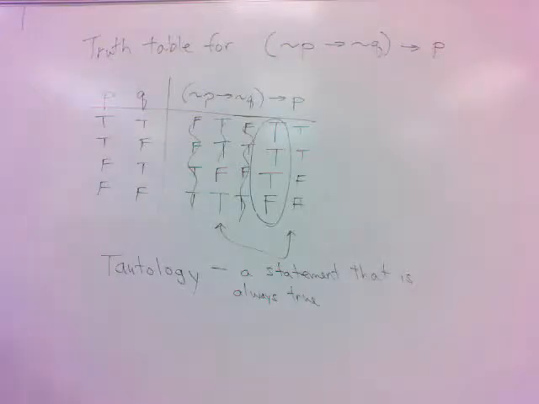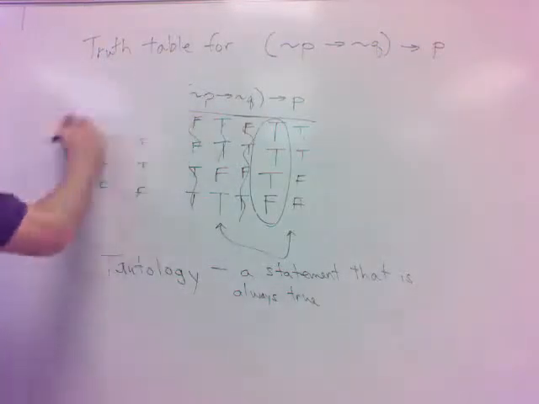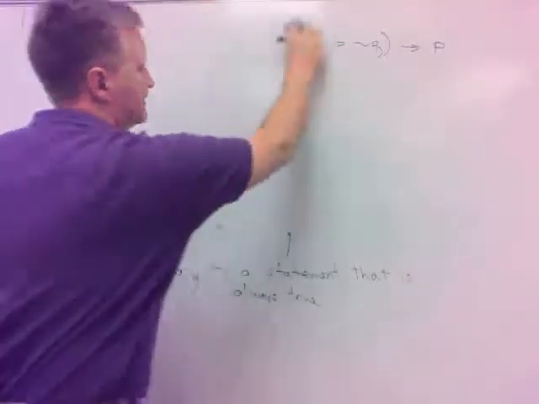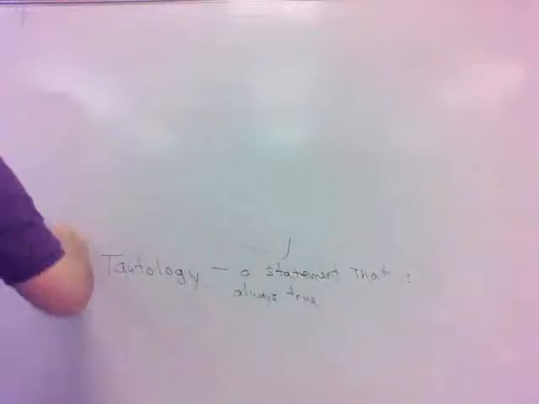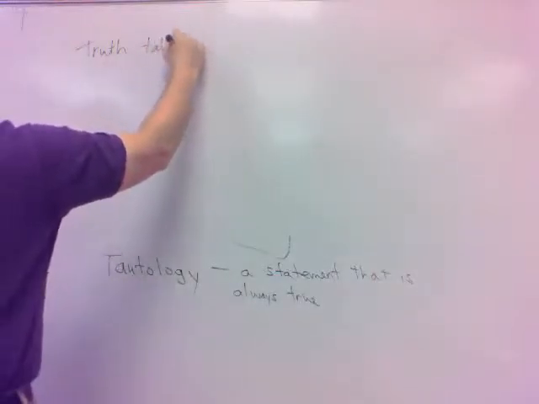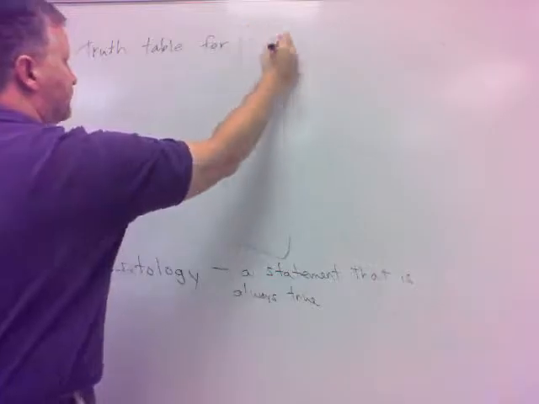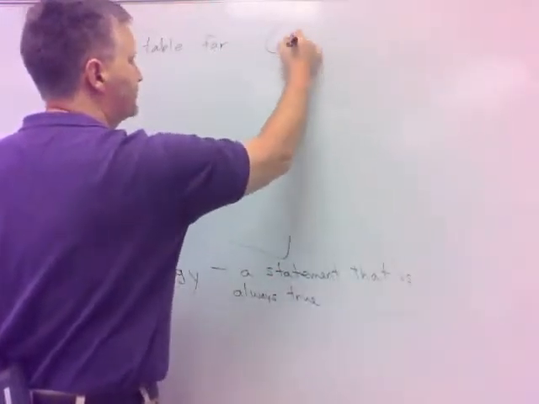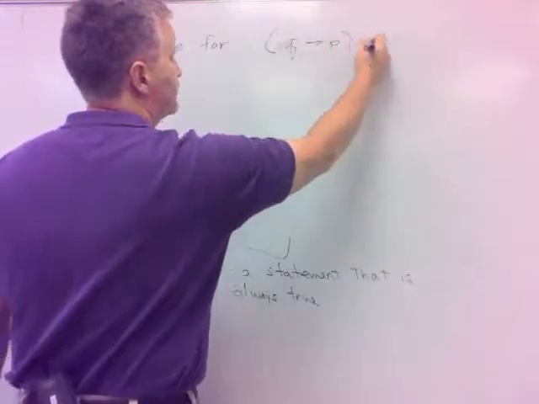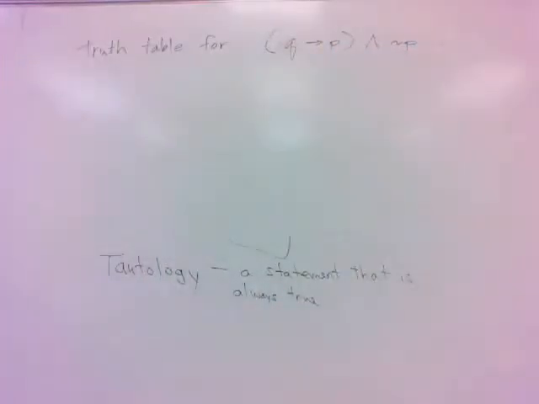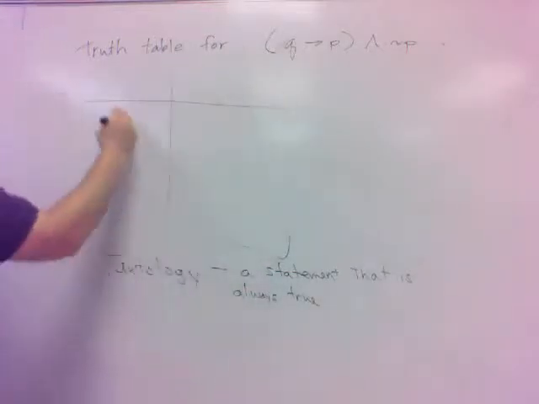Of course, you can have a mixture. You can have ands with arrows, and say we had that. What would the truth table for this look like? Let's do Q arrow P and not P. Q arrow P and not P. Same deal, right?